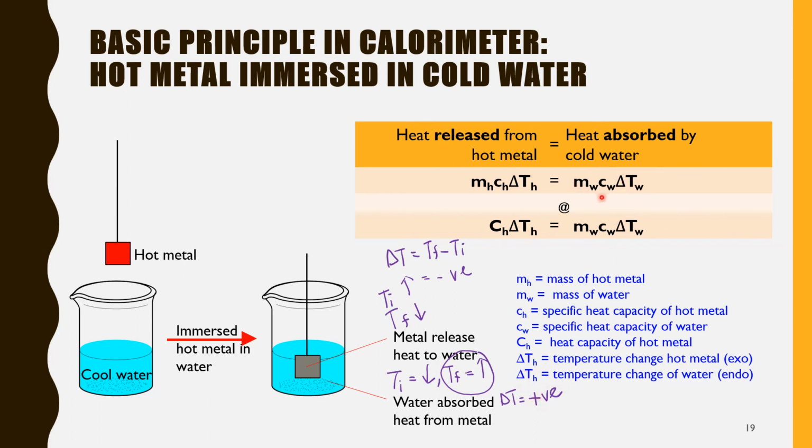So again, the whole nilai here will be positive, and this is consistent with the concept of heat absorbed by the cold water di sini. Okay, so this is the relationship di antara heat release from the hot metal and heat absorbed by the cold water. And you should expect the value of delta T di sini dan juga di sini will be different.